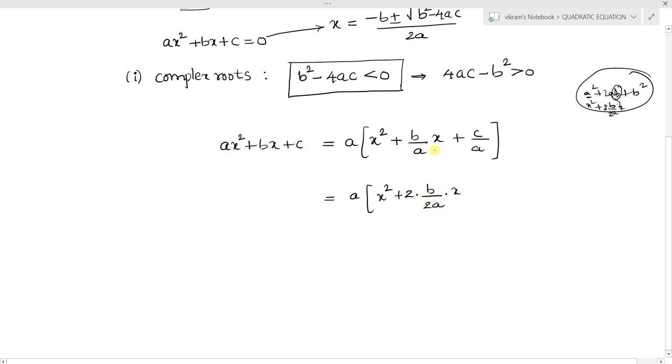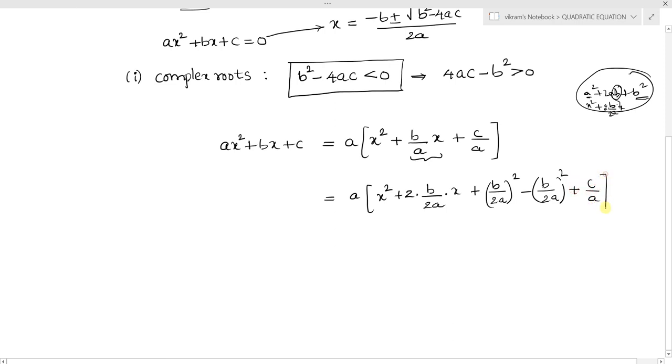The resultant is not changed. Now, to complete a square plus 2ab plus b square, here b by 2a whole square has to be added and subtracted. So b by 2a whole square is subtracted, and c by a is left over.